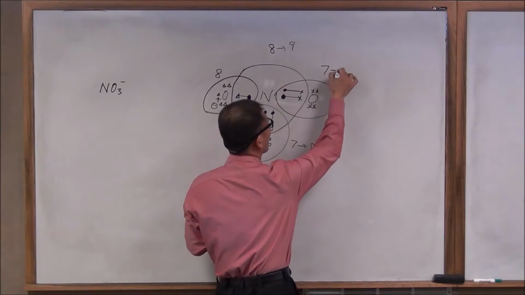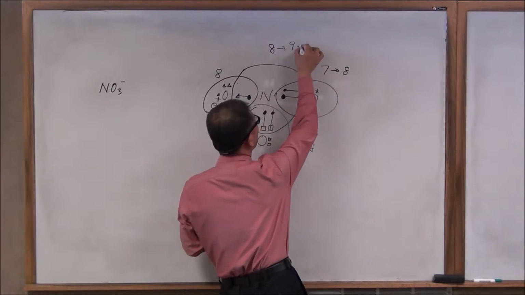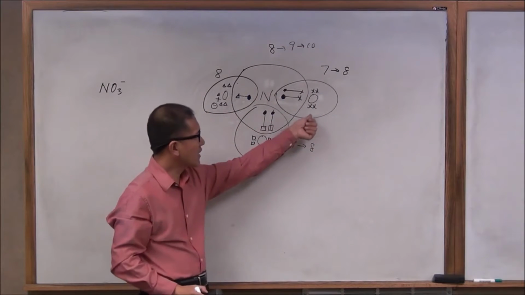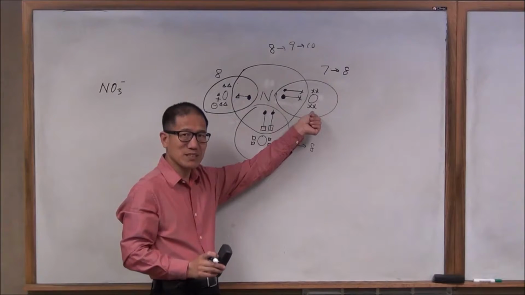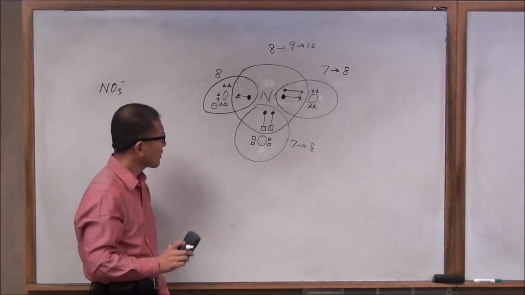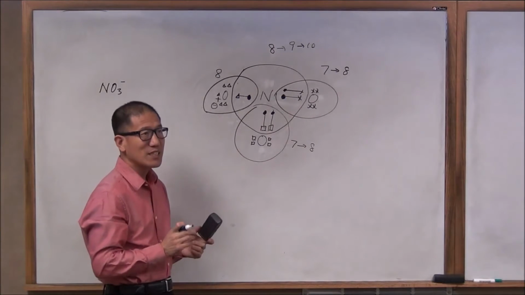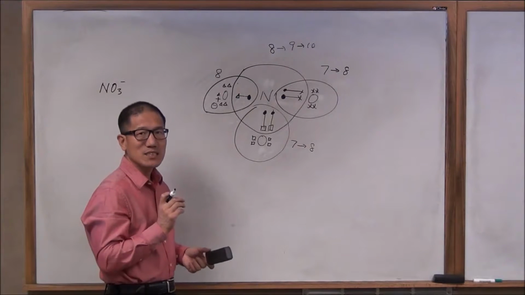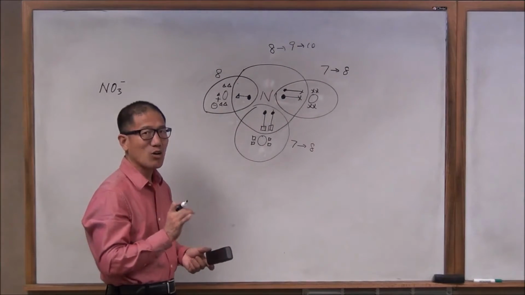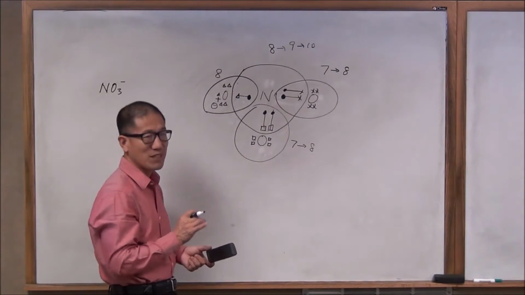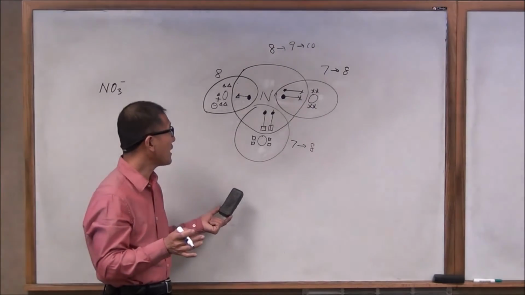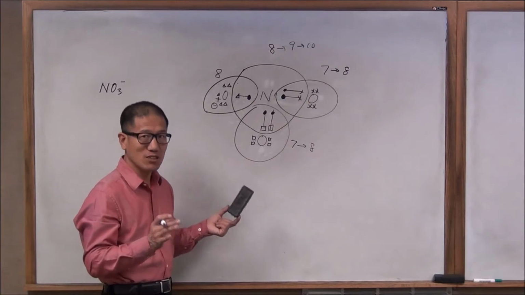And then we start to count. This will have 8 and this will have 10. Oxygen does not have any problem because it meets the octet rule. But nitrogen does have a problem because, as we can see, nitrogen is a second period element, so it can only have 8 electrons in the valence shell. We have 10 electrons right now, which means it does not work.